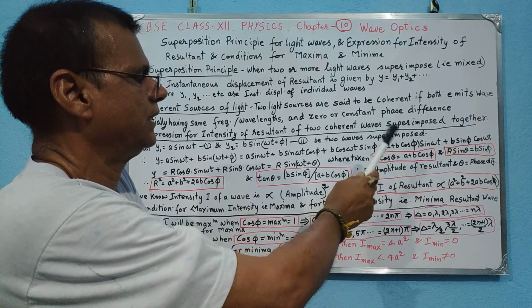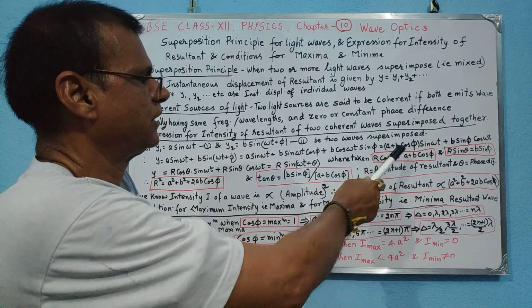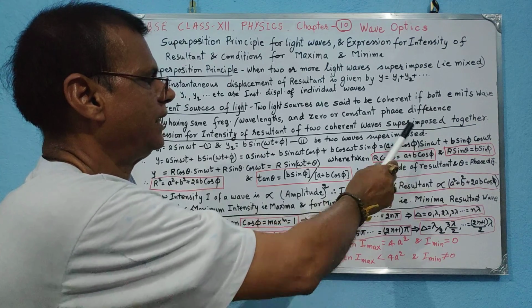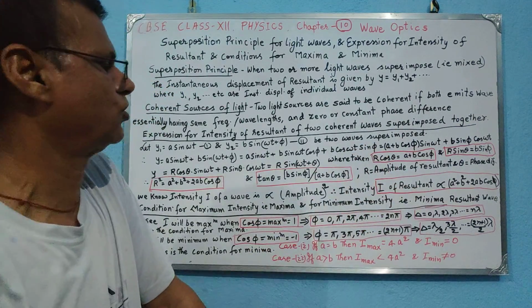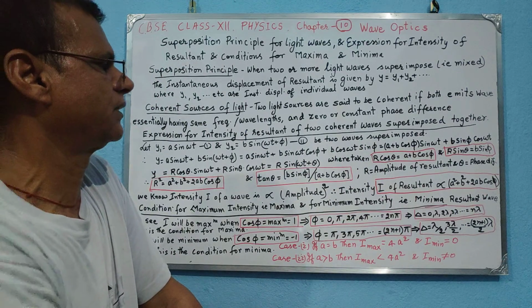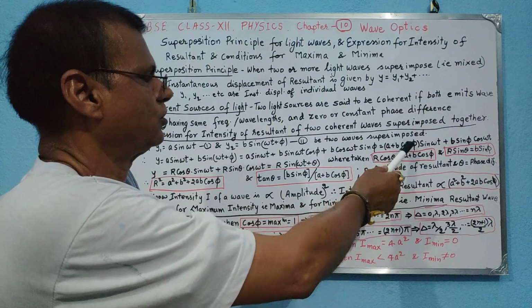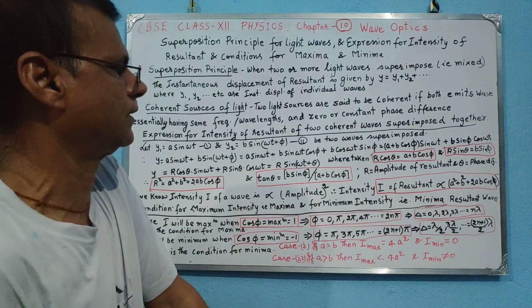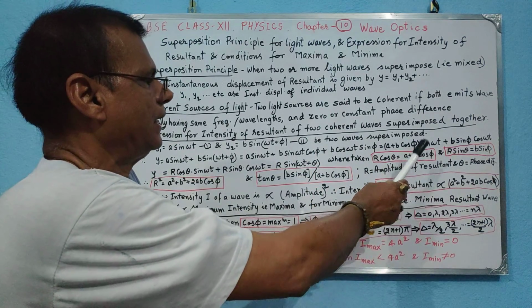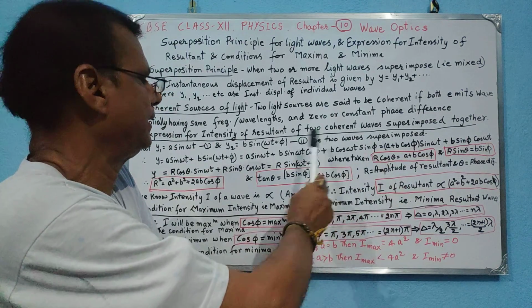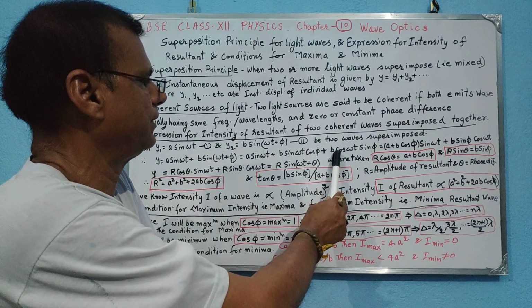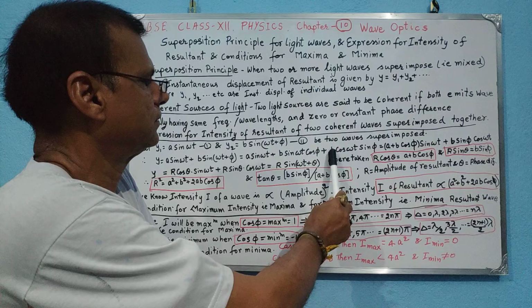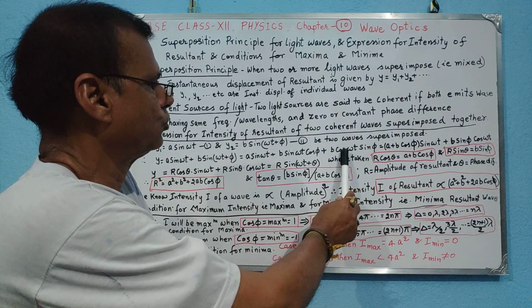How are we in a position to do this? Because phi is a constant phase difference, and a and b are also constant amplitudes of the two waves, we can write one constant in terms of another constant. Finally, we are left with b sin phi into cos omega t.